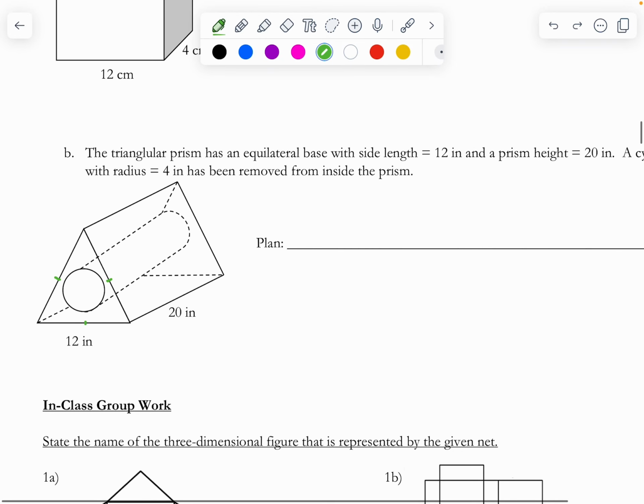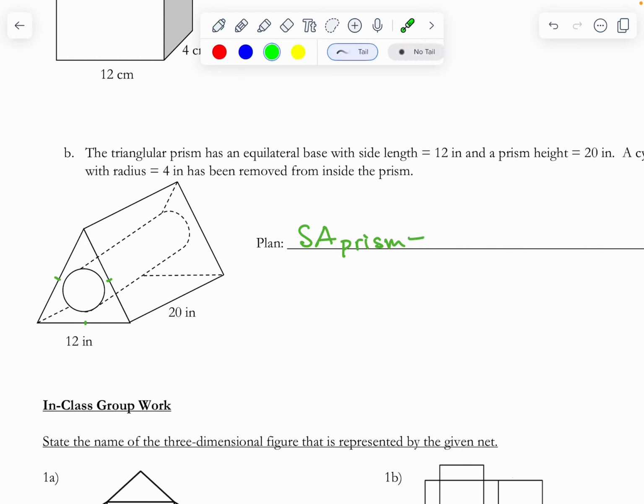Well, let's see. The way that we would do this is once again, we have to find the entire thing. So let's go ahead and find the entire thing. So the surface area first would be the surface area of the prism minus, we've got two circles, one here and one here, that we have to completely remove. So minus 2 area of circles.